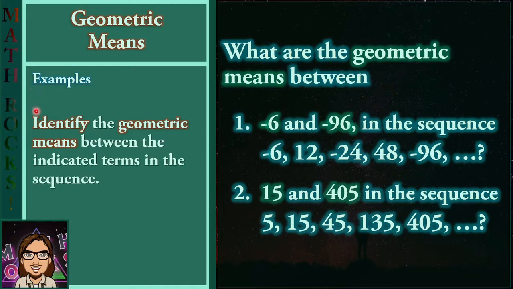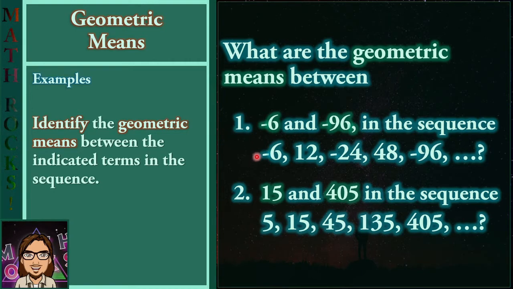So here we would like to identify the geometric means between the indicated terms in the sequence. And here is our first question. What are the geometric means between the -6 and the -96 in this sequence?